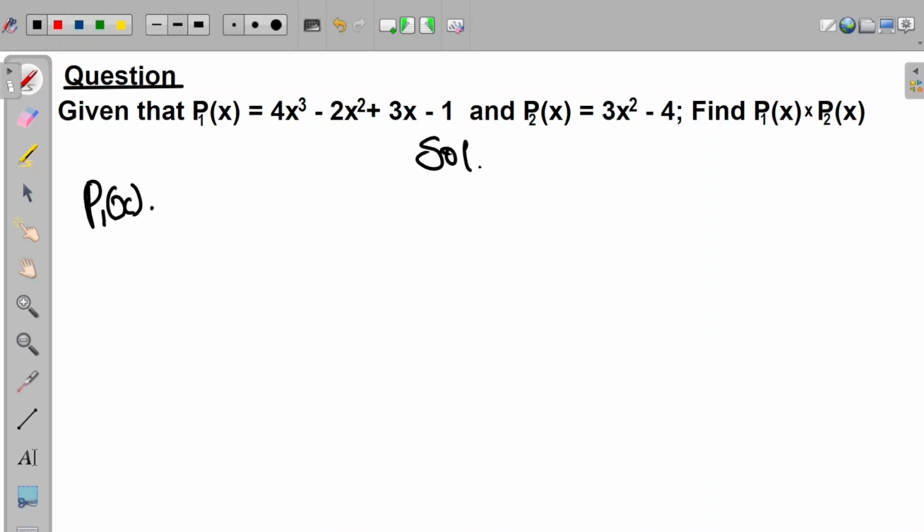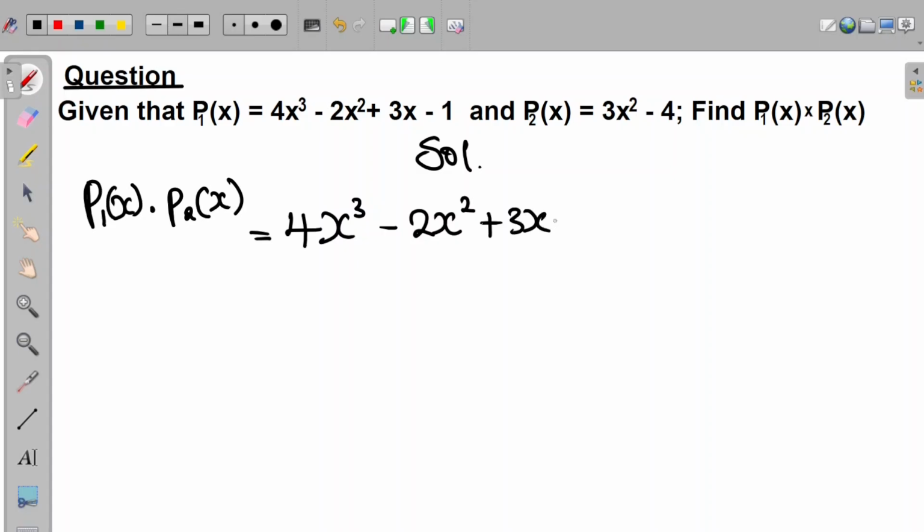So this will be equal to 4x cubed minus 2x squared plus 3x minus 1, all enclosed in a bracket, multiplied by 3x squared minus 4, also enclosed in a bracket.